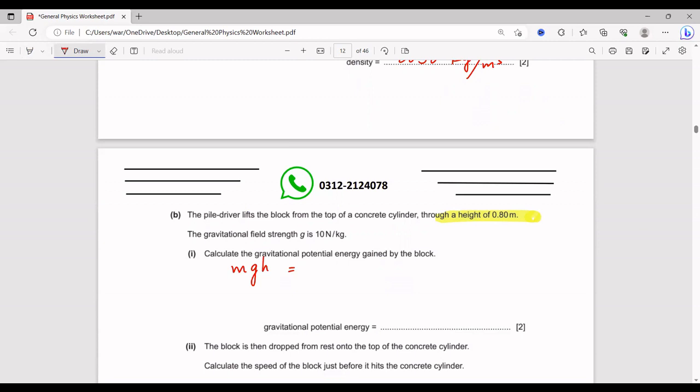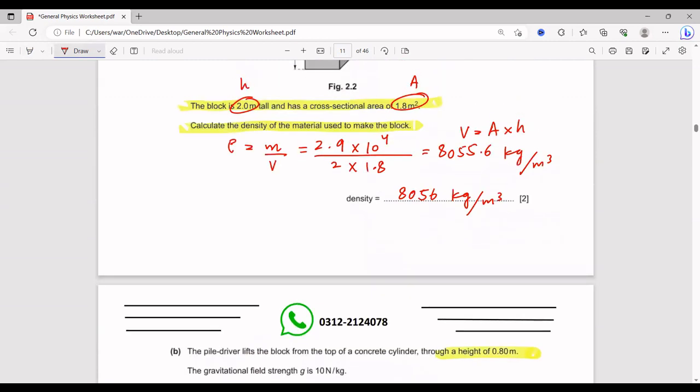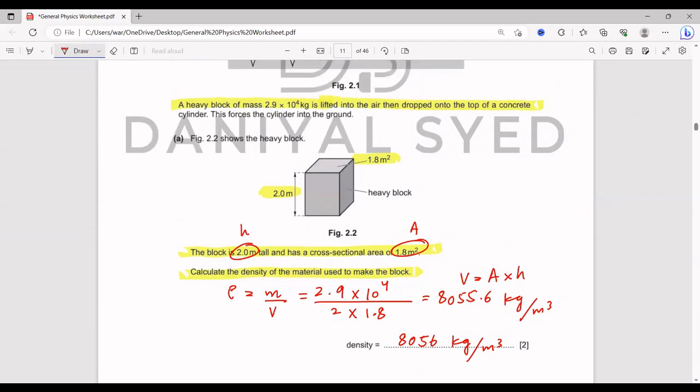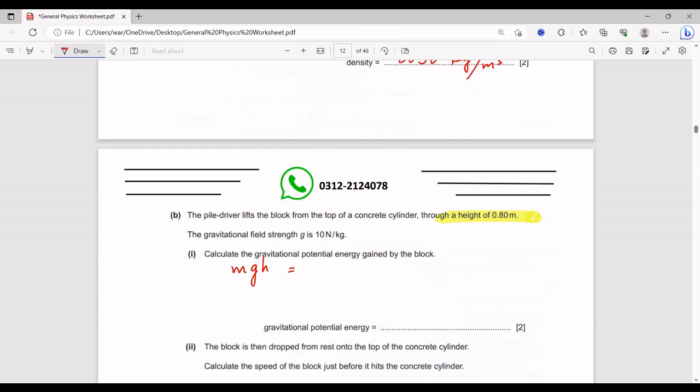The mass of the block is 2.9 exponential 4. This is the mass of the block. The value of g is 10.